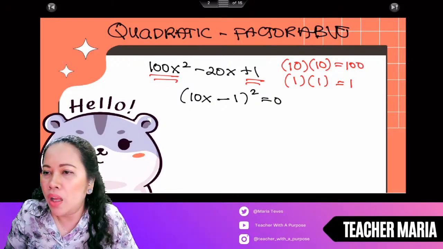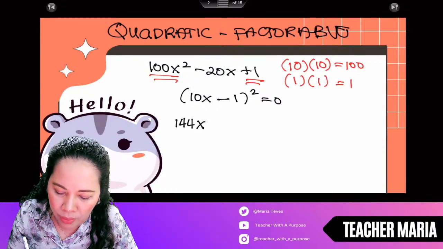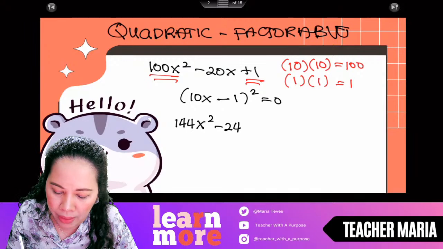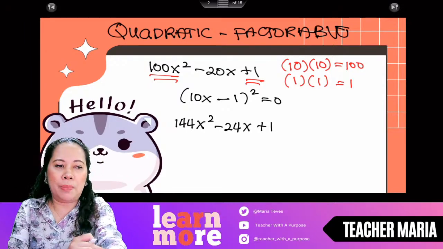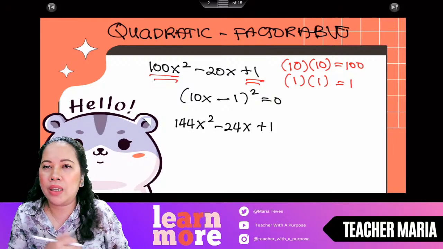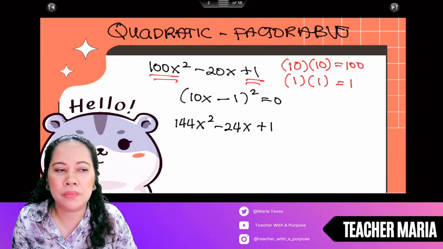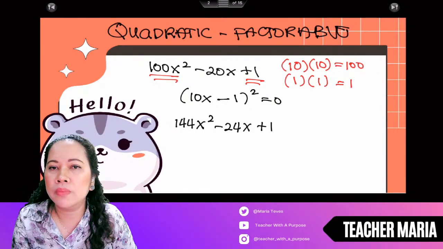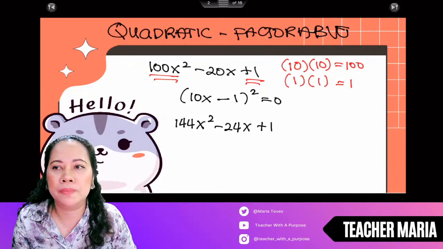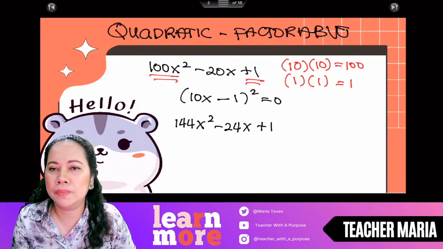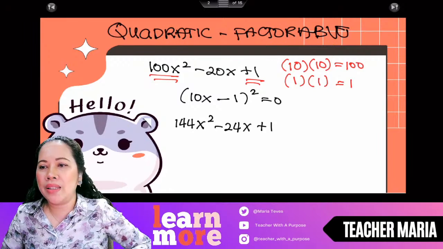Okay. You try this on your own. 144x squared minus 24x plus 1. How would you factor that? If that's a perfect square trinomial, how do you factor that? Try to answer.